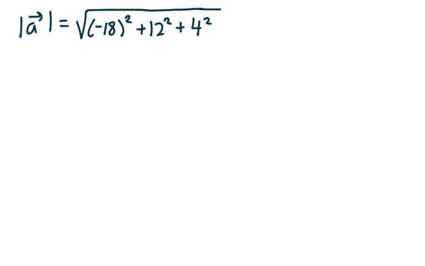Now, 12 to the second is 144. So I'm going to put 144 there. Plus 4 squared is 16, okay? And then if I take 18 and multiply it by 18, I get 324.